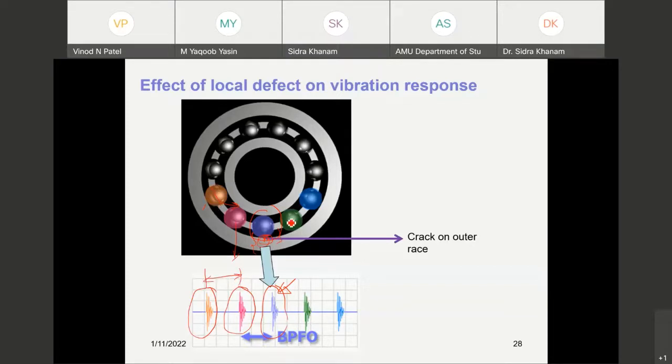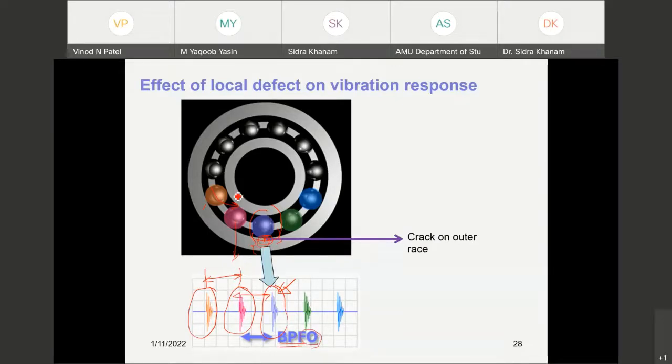It depends on the geometry of the bearing and on the speed of rotation of the cage. So if we find the time period between these impulses, then 1 upon that time period is called the ball pass frequency of the outer race.